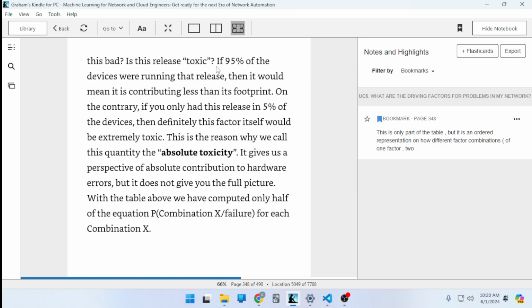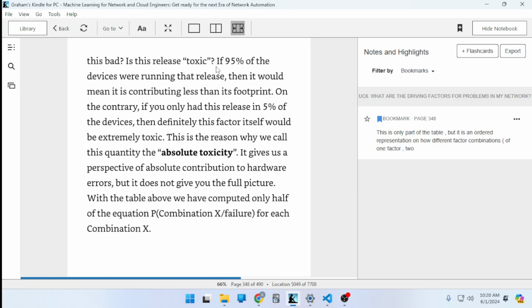On the contrary, if you only had this release in 5% of the devices, then definitely this factor itself would be extremely toxic. This is the reason why we call this quantity the absolute toxicity. It gives us a perspective of absolute contribution to hardware errors, but it does not give you the full picture.